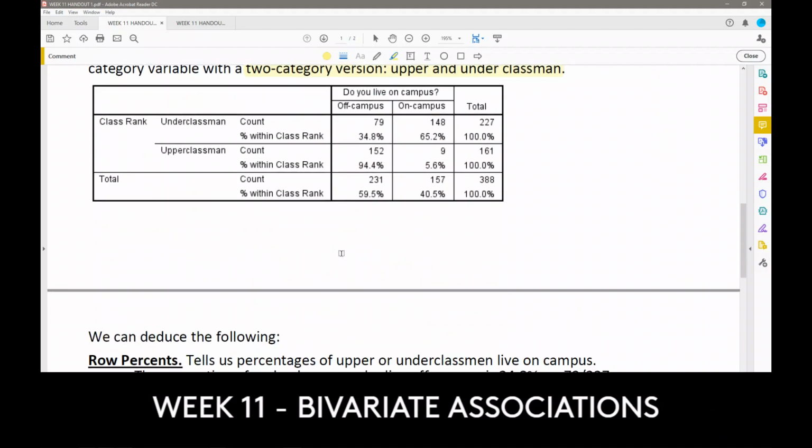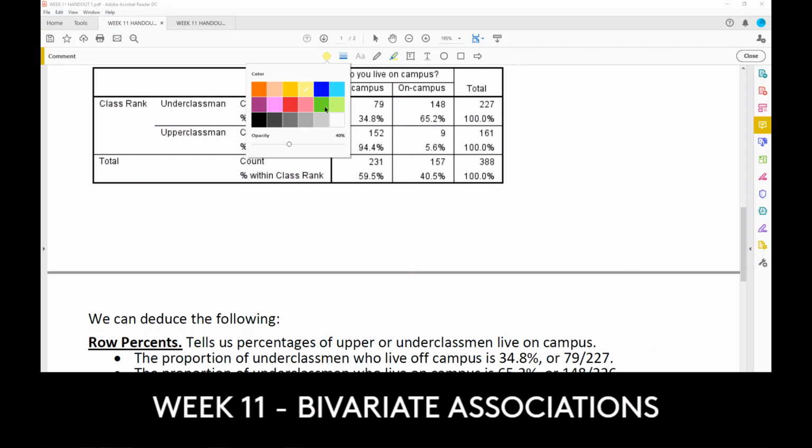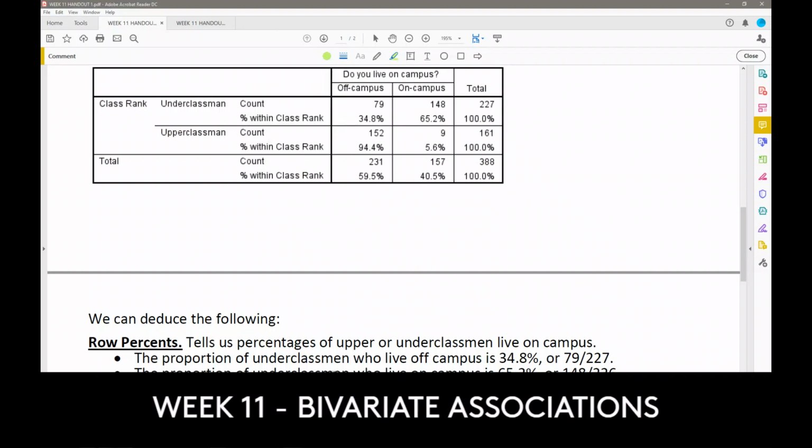So when we look at this table, there are a couple of points that are noteworthy. The row percents, which are these here, tell us the percentages of upper or underclassmen who live on campus or off campus.